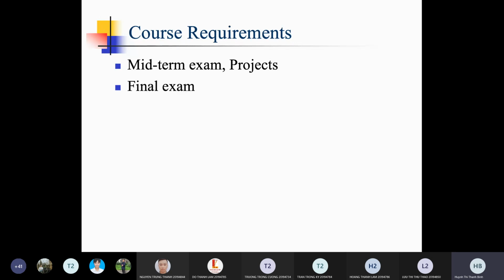But for ICT class, I know that there are 67 students in your class, so I'm thinking if I could provide project for you. Later, I will introduce all the project, and we will discuss among your class if you would like to do project. You would like to do the midterm exam.